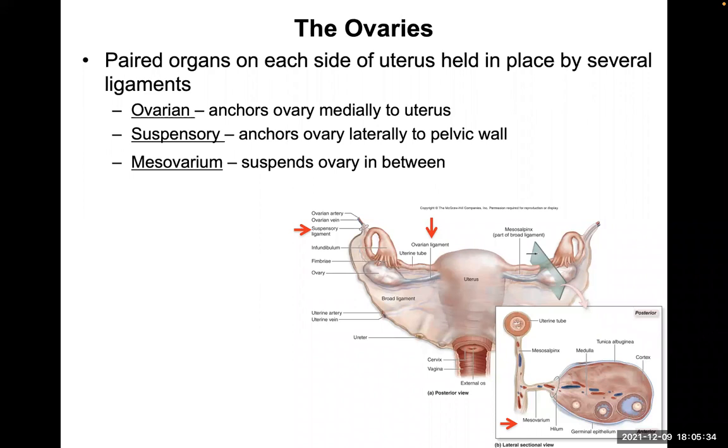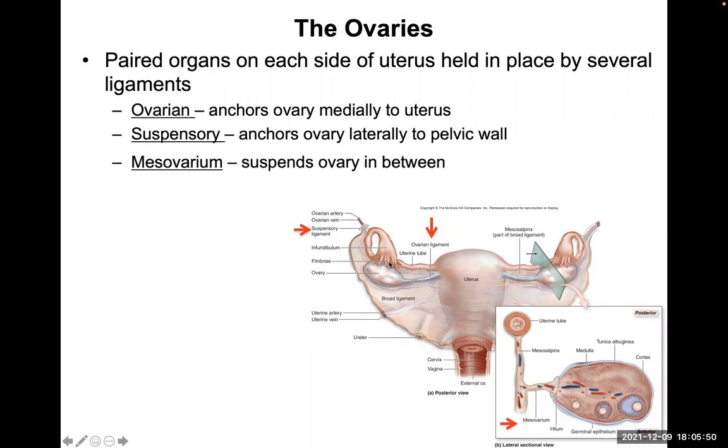I also want to point out, and I hope this picture illustrates it well, that the ovaries are not physically connected to the fallopian tubes. The ovaries are held in place by ligaments, specifically the ovarian ligament.